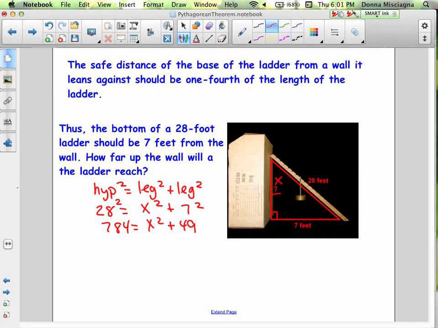Right, so we'll subtract 49 from both sides, and we have 735. Right? And then we'll take a square root of both sides. Right? Let's get the exact answer. And then because it's a real world problem, sometimes you round so it has a little bit more meaning. We'll get a decimal approximation as well.